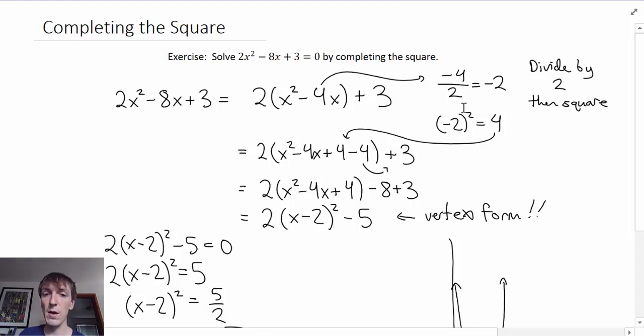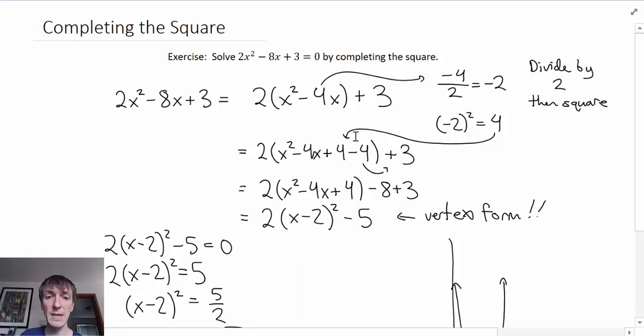And then if I square minus 2, I get 4. And that number, positive 4, is what I'm going to both add and subtract inside this parentheses. Okay, now the reason I'm adding and subtracting it is so that I'm not actually changing anything, because when I add and subtract the same number, nothing has actually changed.